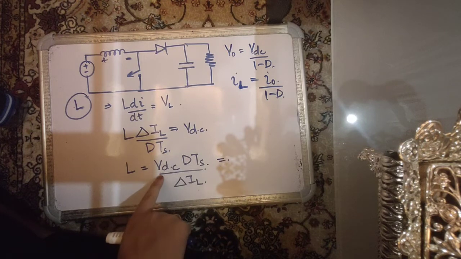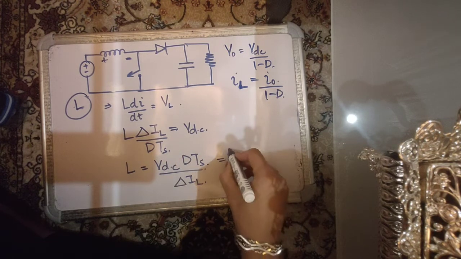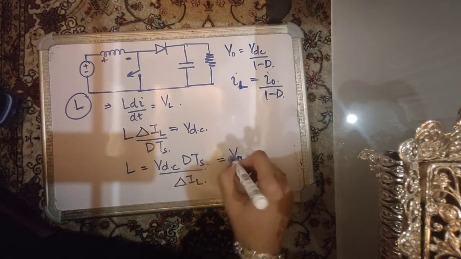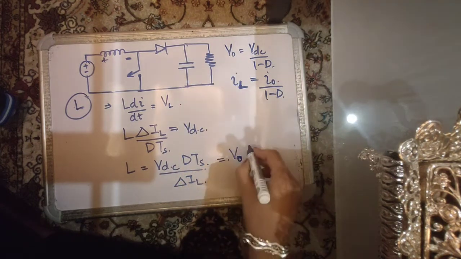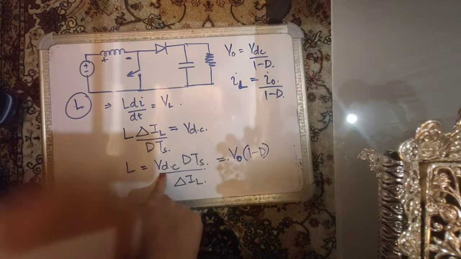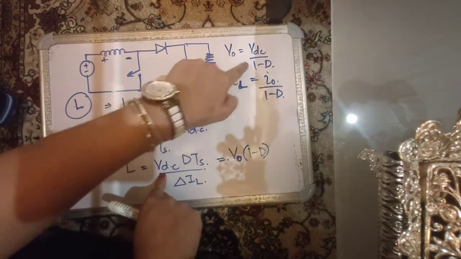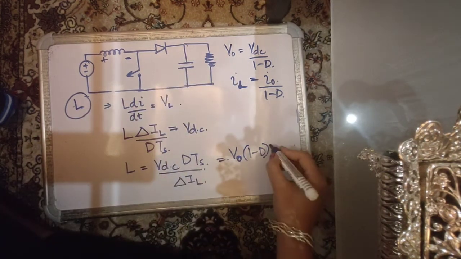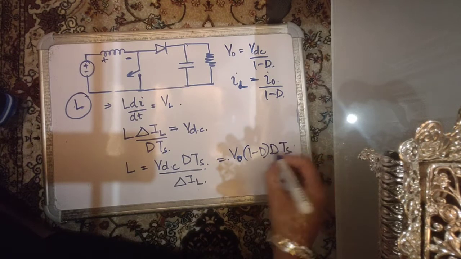यहाँ पे VDC को मैं replace कर सकती हूँ V naught से. VDC is equal to V naught into 1 minus D. So I'm just replacing this VDC with V naught into 1 minus D. Then I still have another D over here and TS.